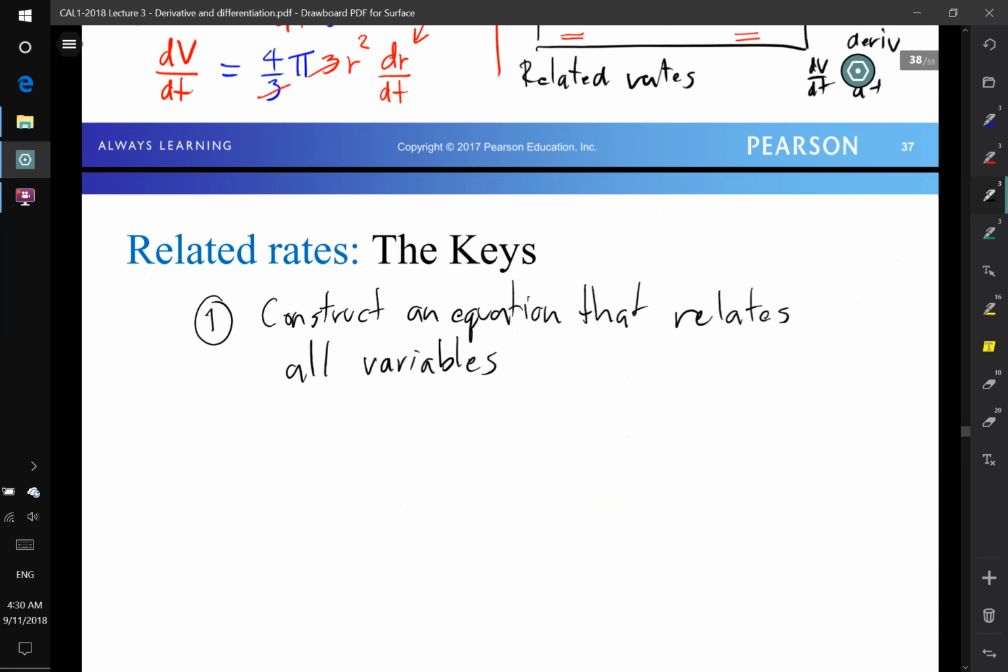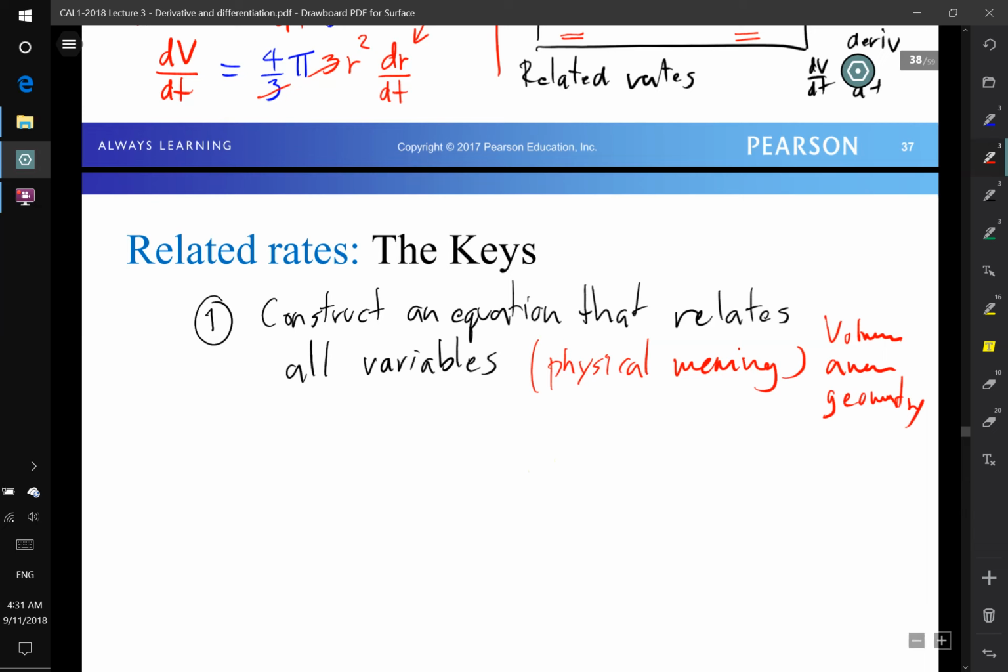This is the first guideline to follow. Usually this equation that relates all variables has physical meaning. Sometimes it's volume, sometimes it's area, sometimes it's just geometry. Something that has its own formula, something that you have seen before.